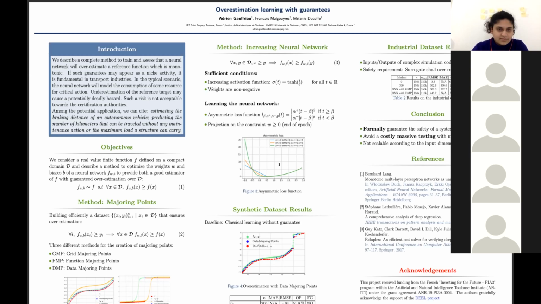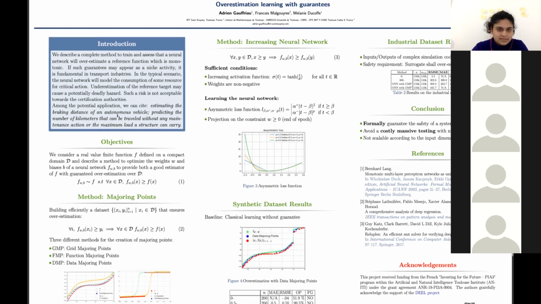Why do we want to do that? Because if you underestimate the function, you can be at risk and have a catastrophic impact on the outputs. For example, if you underestimate the braking distance for a vehicle, you will hit the vehicle in front of you, or you can also run without any maintenance action.